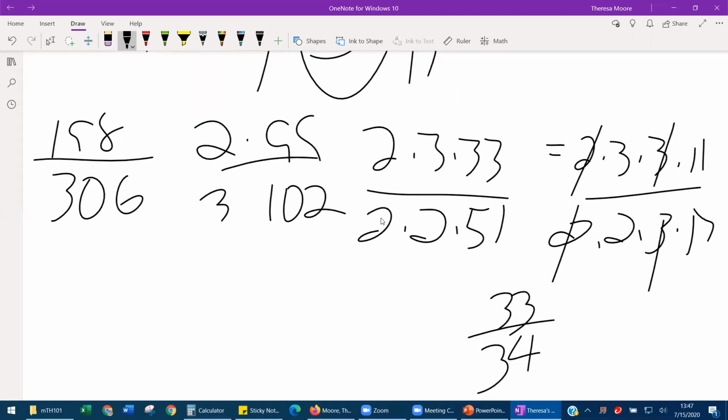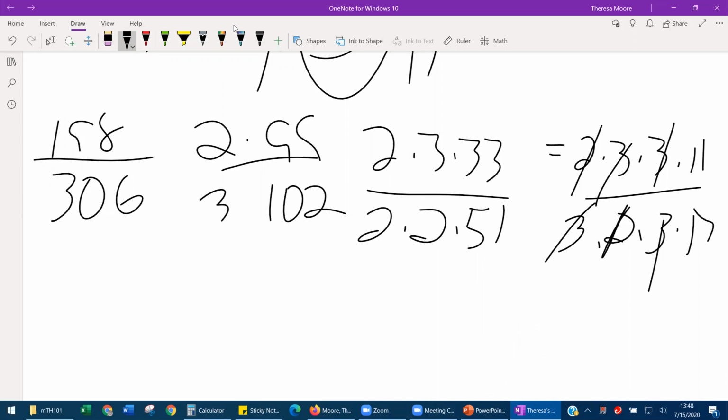Right, this should have been a 3. Sorry. So, yeah, that's a 3, not a 2. All right, so this 2 still cancels with this 2, and these 3's cancel. Okay, so I end up with 11 over 17.